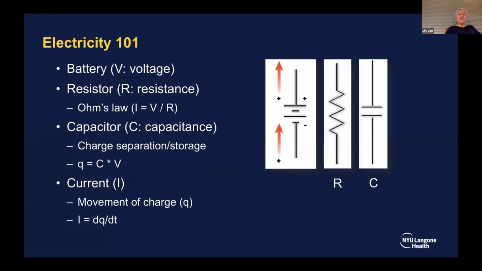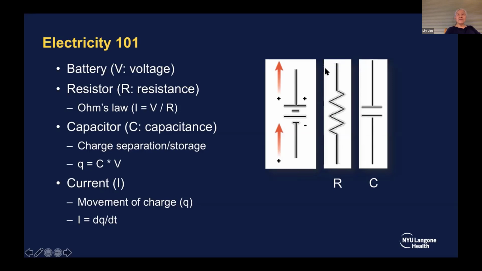Now, given that channels carry ions across the membrane and movement of ions that carry charge generates current, we should go over the electricity. So suppose we connect a battery to the ends of a resistor.